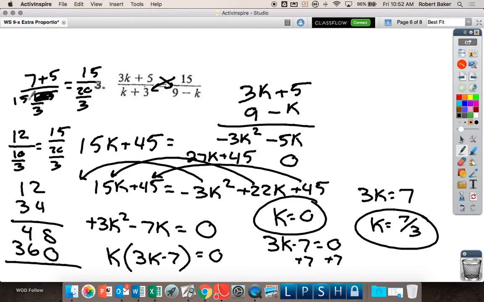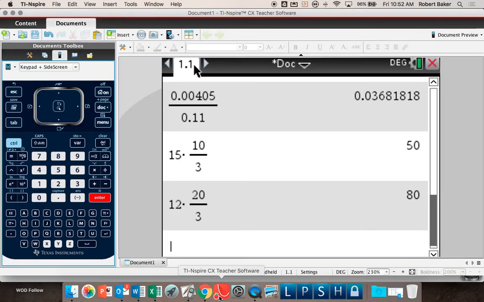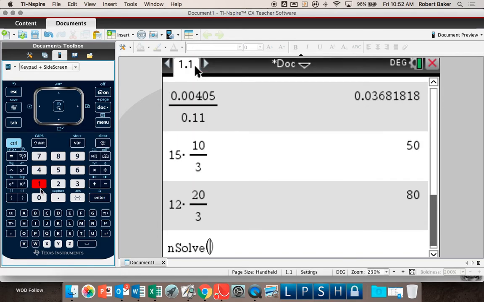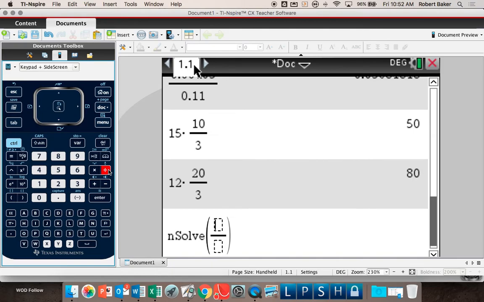I know those are the right answers, I just can't prove my answer right now. So I did numeric solve. I don't think it's gonna work though. What I did was, well, it's K, but I just did 3x plus 5 over x plus 3. Menu 3, 1. Control divide. 3x plus 5 over x plus 3.